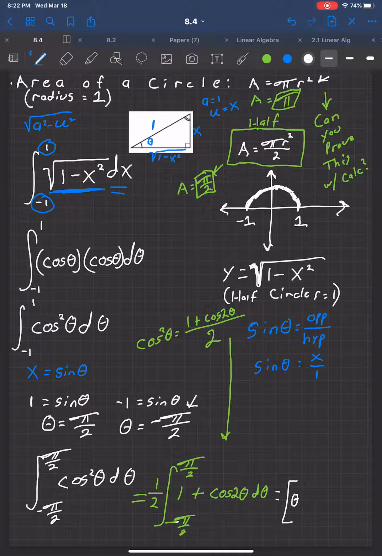Right, so we can let u equal 2 theta, then du is just 2 d theta. And now I'll have to multiply and divide by 2. So what does that mean for this particular problem?